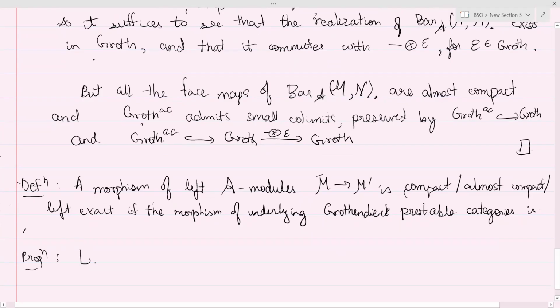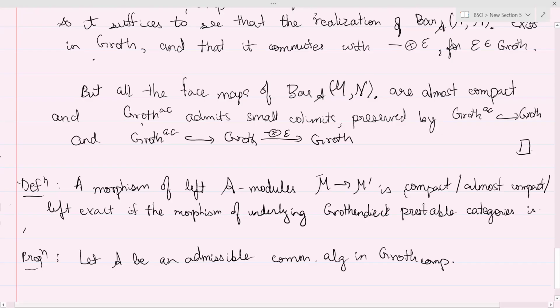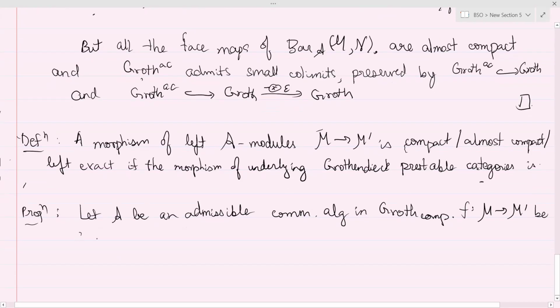So let A be an admissible commutative algebra in Groth comp, and as above, let F from M to M prime be a morphism of A modules, and let N be any A module.